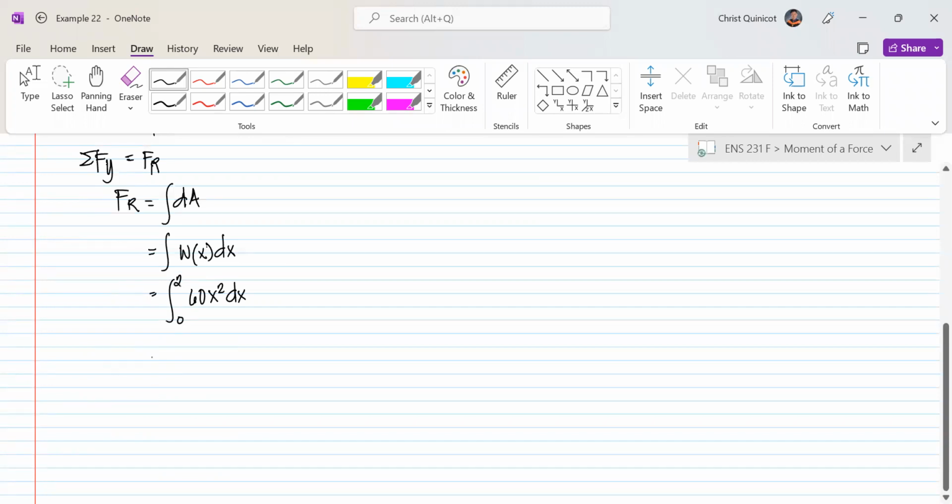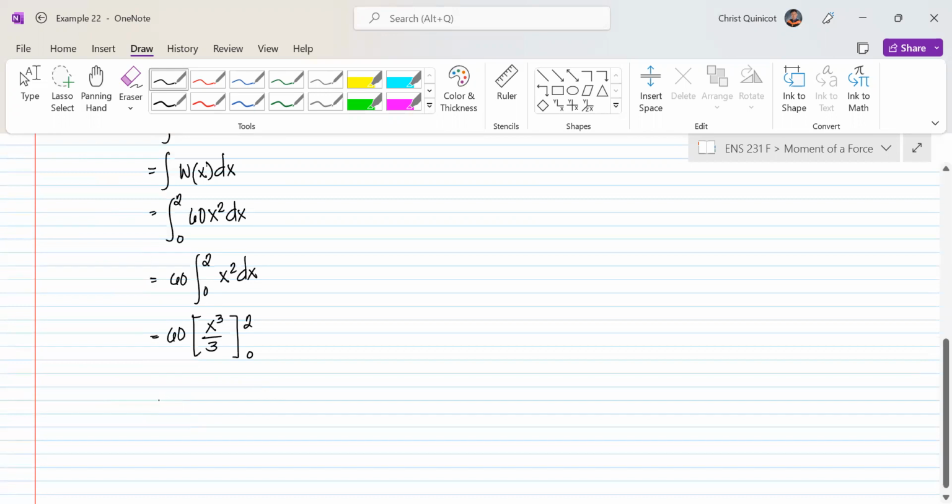Okay, so this becomes 60 times the integral from 0 to 2 of x squared dx. And then this becomes 60 times x cubed over 3, and evaluate x from 0 to 2.